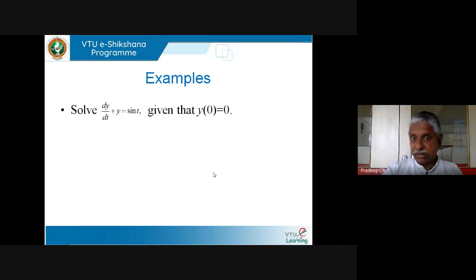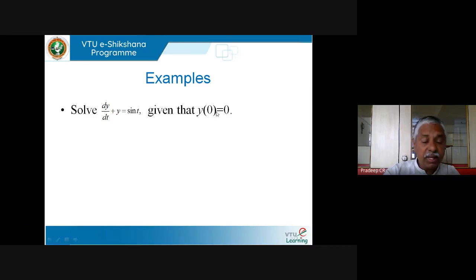With this much of a preface, let's try to get into how to solve these differential equations. Let us spend a few minutes understanding what one means by solving a differential equation. Here is a differential equation, dy by dt plus y equal to sine t, and solve this given that y of 0 is 0.